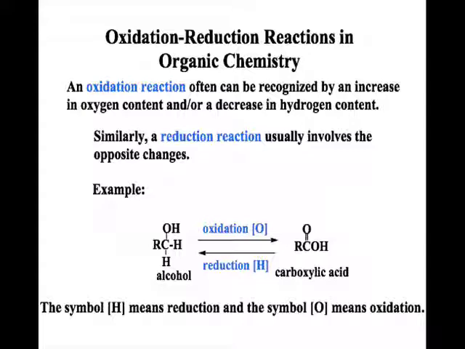That's a functional group transformation. Now there are specific reagents that do that for us, and you need to learn those, and we will, but you need to know that this is just a generic oxidation. The reverse of going from a carboxylic acid to an alcohol is a reduction, and we can just put that in brackets as H, just telling us that it's undergoing a reduction reaction, okay?